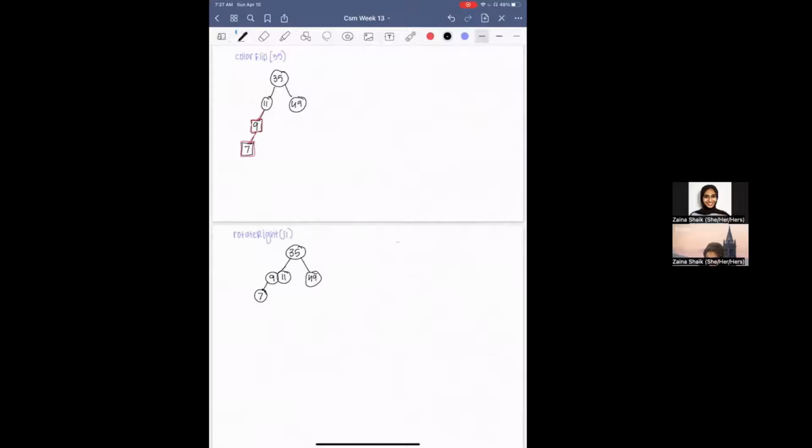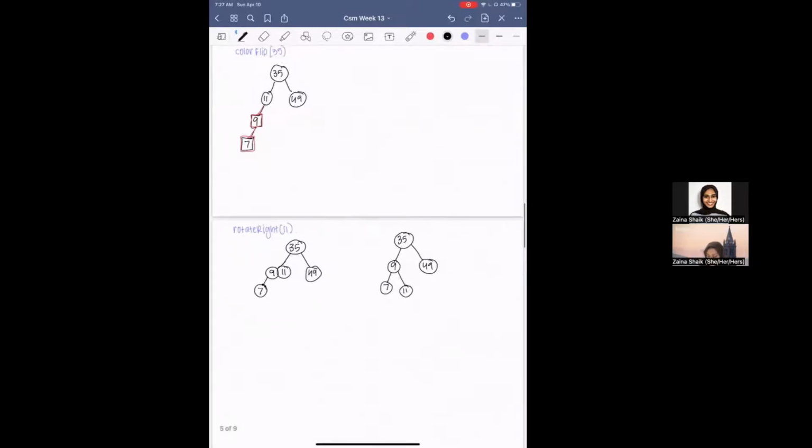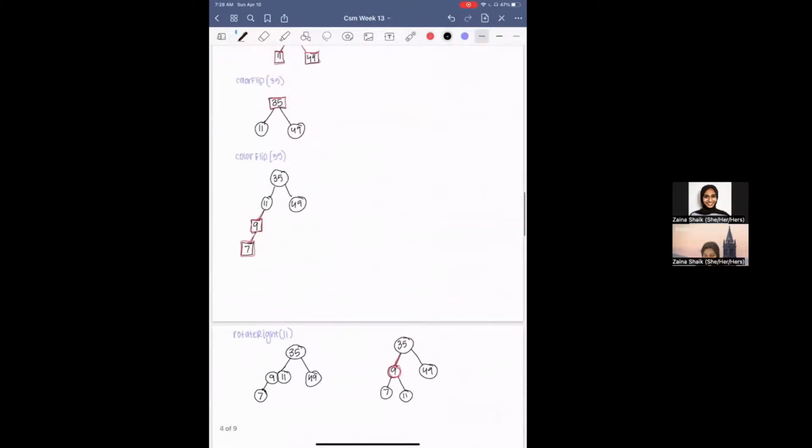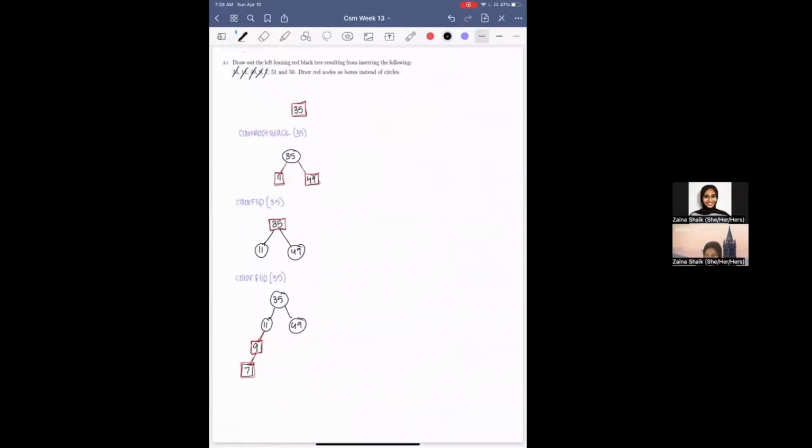And then after this sub-step, we would rotate right. So we would have the tree looking like this. And then this node would stay red. Okay, so that's after inserting 7.